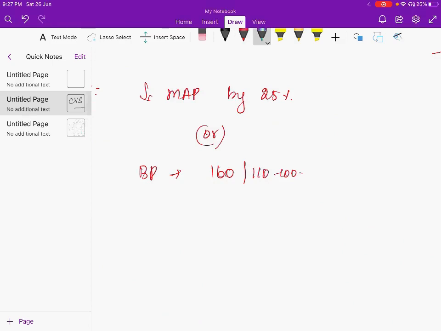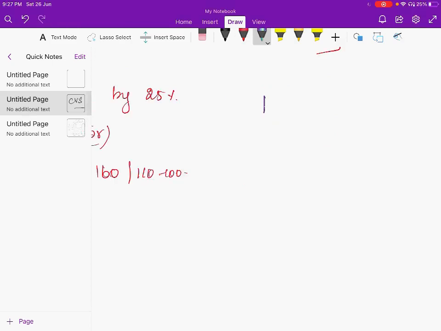Because if you drastically reduce the BP, the patient's cerebral autoregulation, your coronary autoregulation, your renal autoregulation, all are set for a mean arterial pressure of above 160.